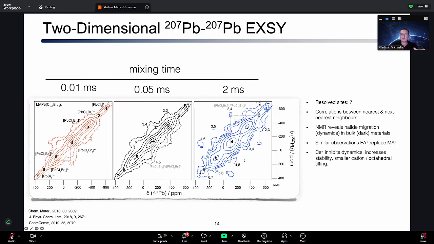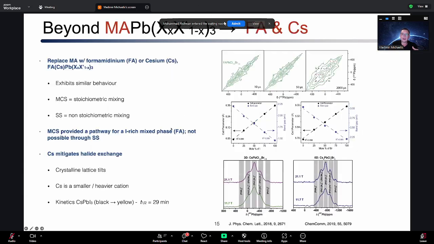So not only do you have the dynamics of the organic cation, but you also have halogen dynamics. Okay, we can then propagate this further and try formamidinium and cesium. Cesium is a smaller A site, formamidinium's a larger A site, and methylammonium falls in between in terms of the overall size of the cationic size.